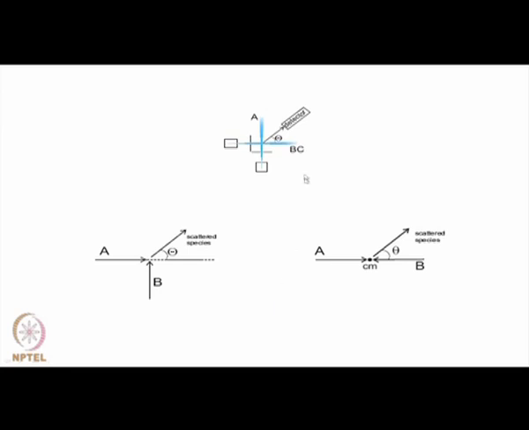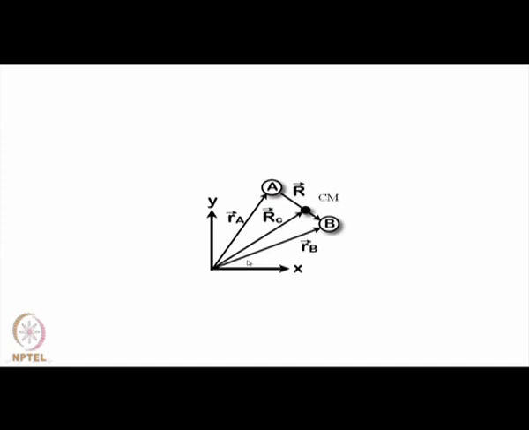For the two-beam experiment, you have to convert from the laboratory frame to the center of mass system, and we have discussed how to do that. Then we talked about the kinematics, how to do this transformation.